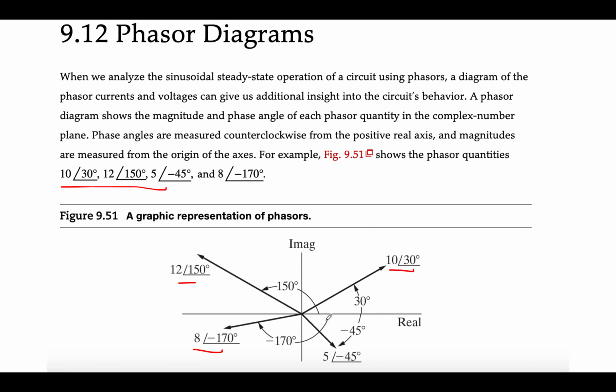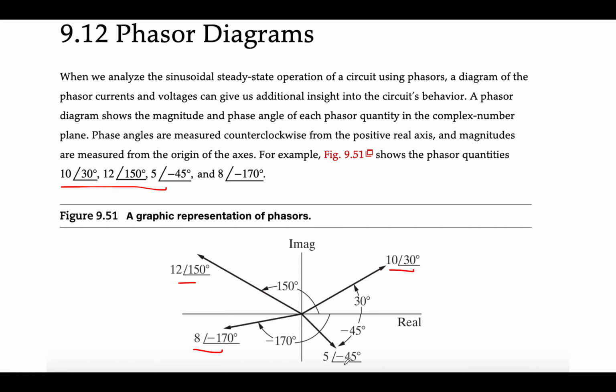In this case, if I look at the angle that is less than 180 between these two phasors, then the 10 angle 30 is leading the 5 angle minus 45. If we look at some other examples, based on looking at just two of these at a time and looking at which angle is less than 180, the 5 angle minus 45 would lead the 8 angle 170.